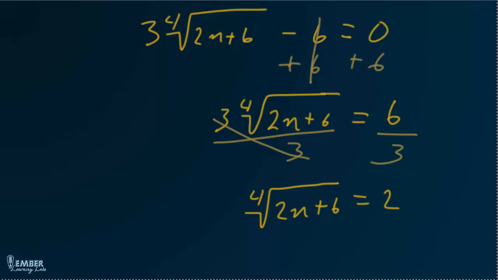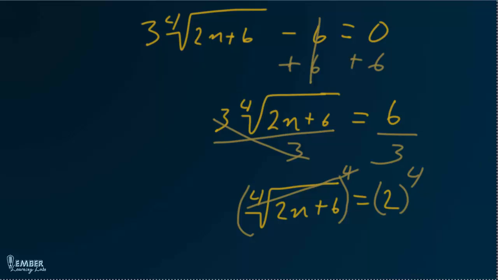Now to get rid of a 4th root, instead of squaring it, we're going to raise it to the 4th. So we're going to raise both sides to the 4th. So that to the 4th and that to the 4th. The 4th and 4th roots cancel out, leaving us with 2n plus 6 equals 2 to the 4th is 16, because 2 times 2 times 2 times 2 is 16.